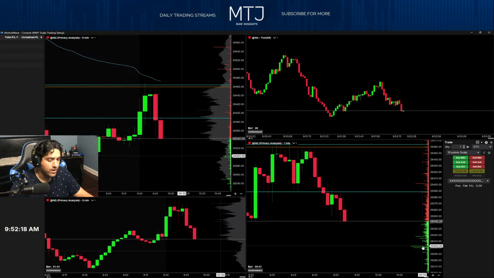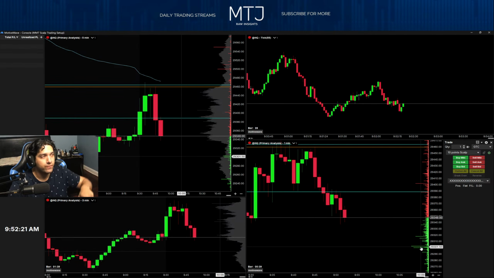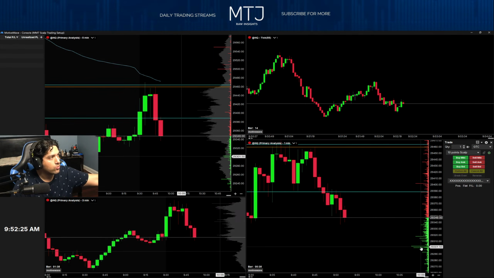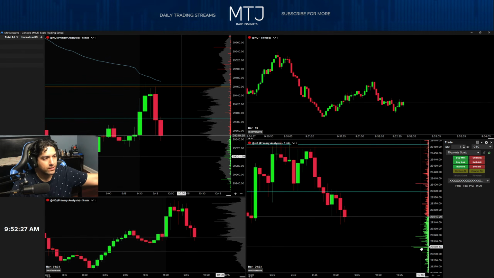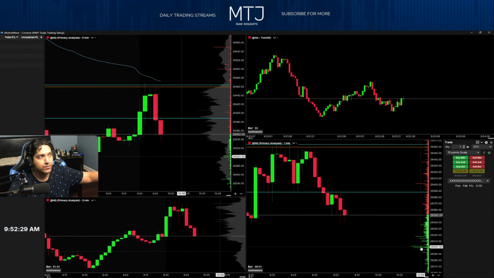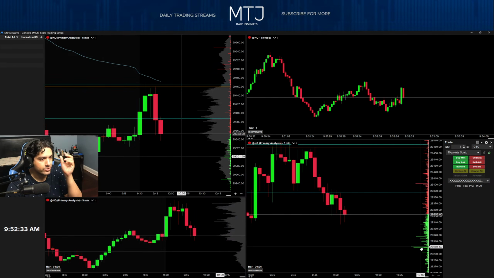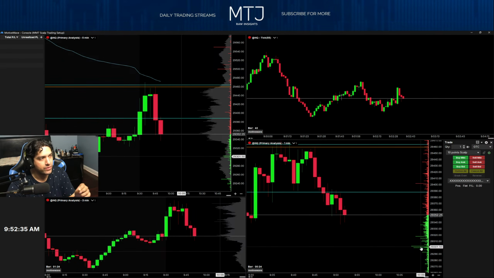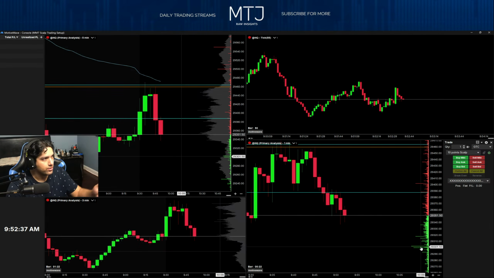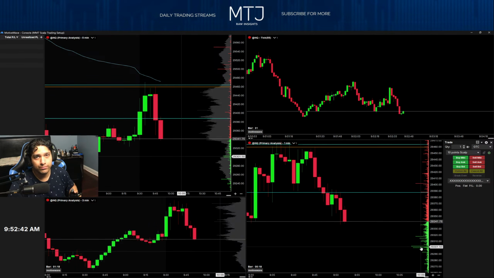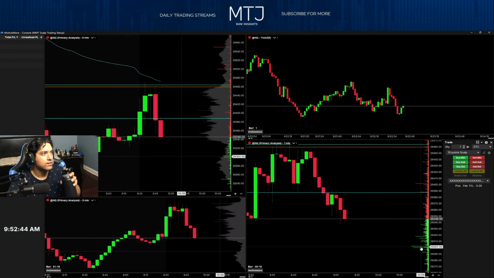These are actual DOM numbers, just charted visually onto the charts. Just remember that. If you're ever wondering what those things are, that's literally the depth of market, the ladder that you usually see, except it's visually printing bars of that number on the chart itself. I love seeing it that way. I don't like the numbers. They give me panic attacks.